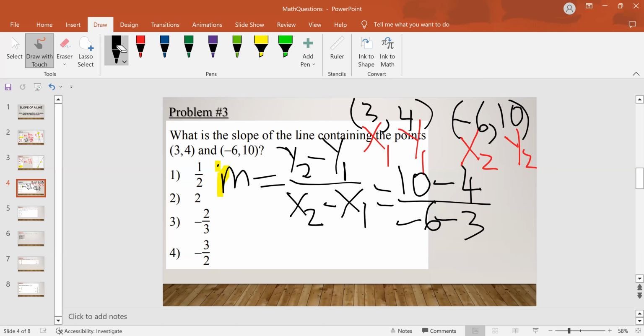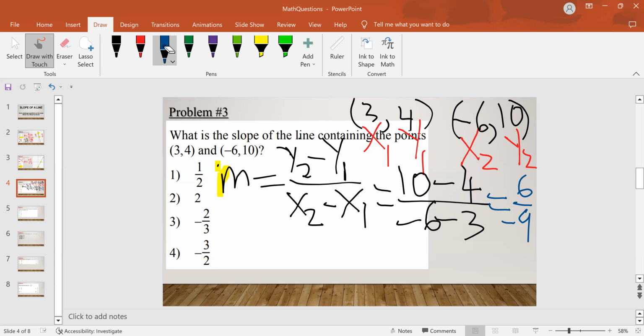And then the rest is to do the calculation. 10 minus 4 on top gives you positive 6, divided by negative 6 minus 3, which is negative 9.